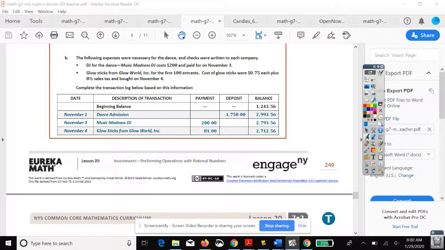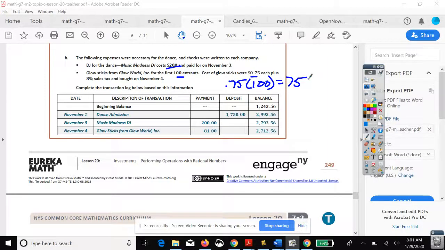So when you're doing a fundraiser, you have to buy materials. So we paid for a DJ $200, and then we bought 100 glow sticks, 75 cents each. So we want to know how much the glow sticks are. So that would be 0.75 times 100, which would be $75.